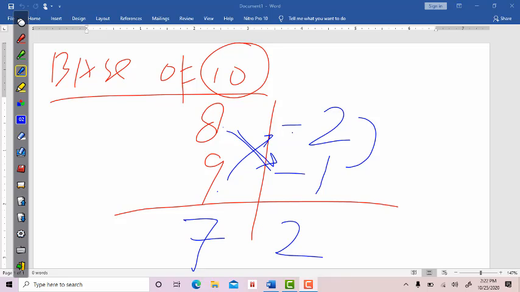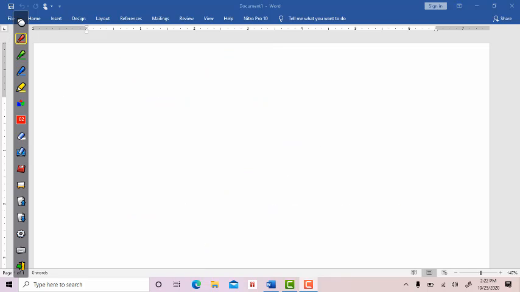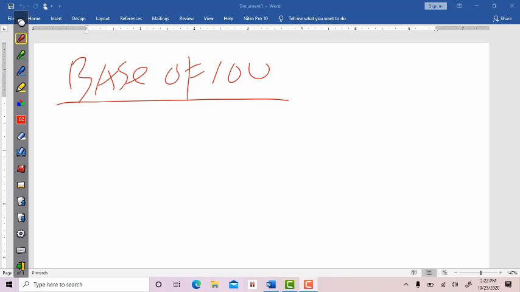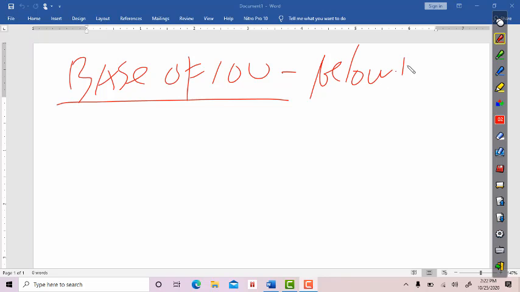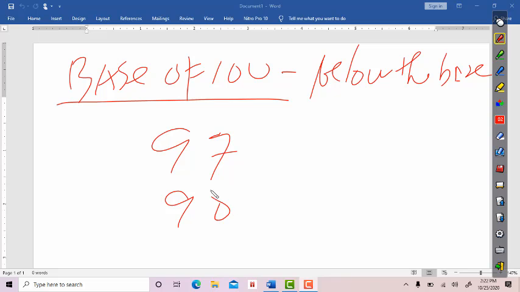Okay, so the next one is we are going to proceed with base of 100. This is still below the base technique. When it comes to base of 100, let's say it's 97 times 98.